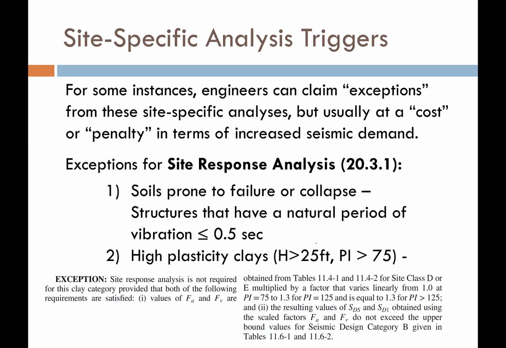Now, the code allows engineers to claim exceptions that would put them back into the general code procedure category. But there's usually what I term, and again, this is my term, a cost associated with that. And that cost is in the form of increased seismic demand.